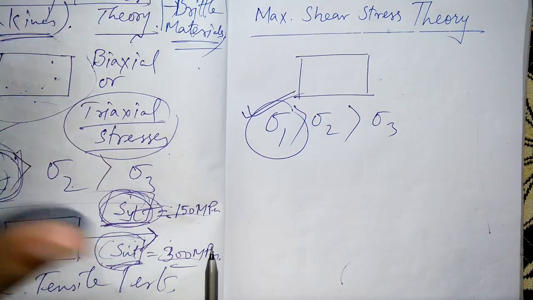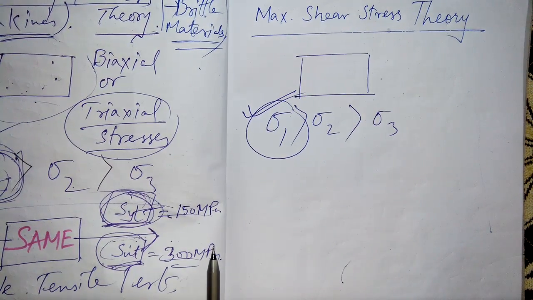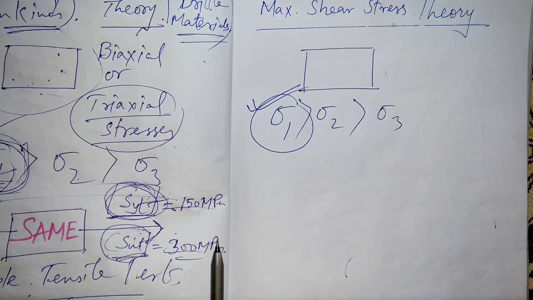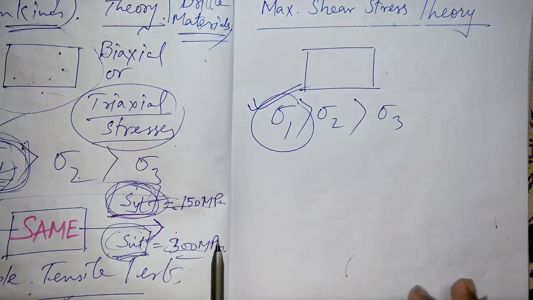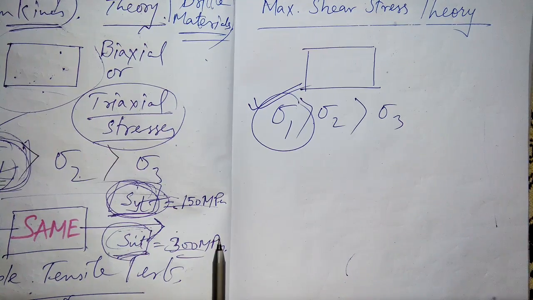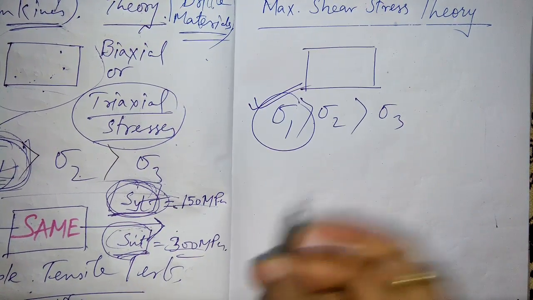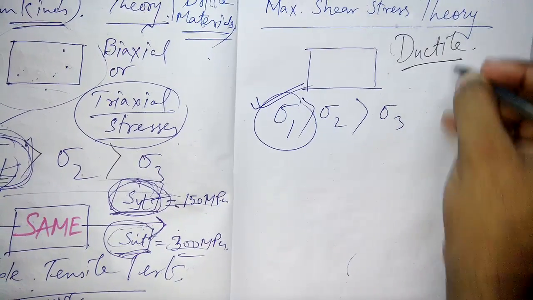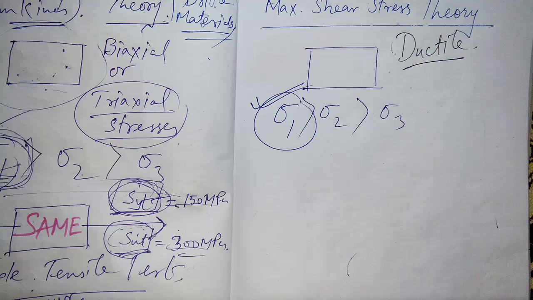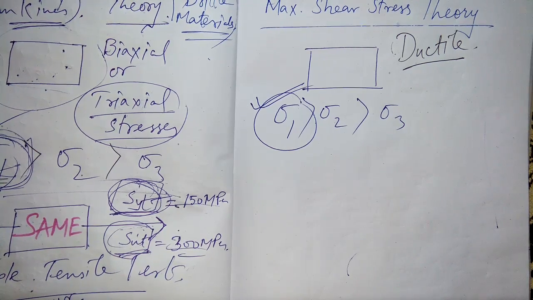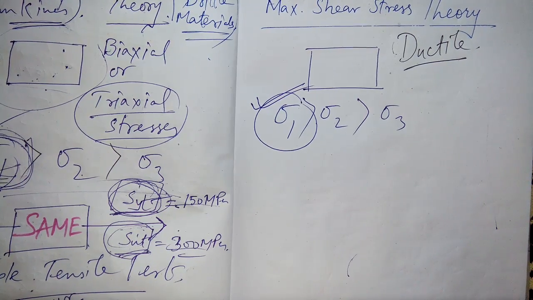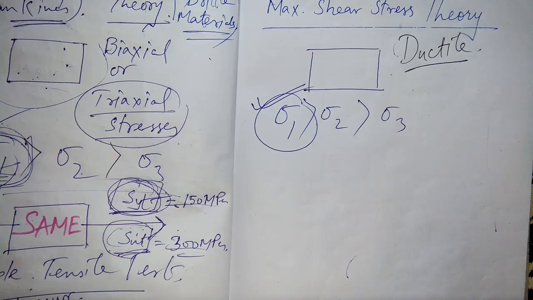Now, a very important thing: let us assume that maximum shear stress theory is for ductile materials, then it will be easy for you to understand. And I have already explained a little bit why it is for ductile materials. Since it is for ductile materials, we have to consider the shear strength.